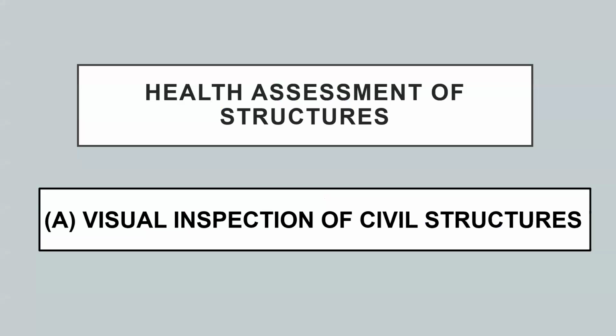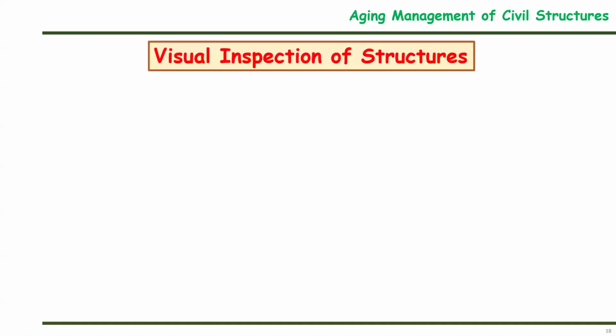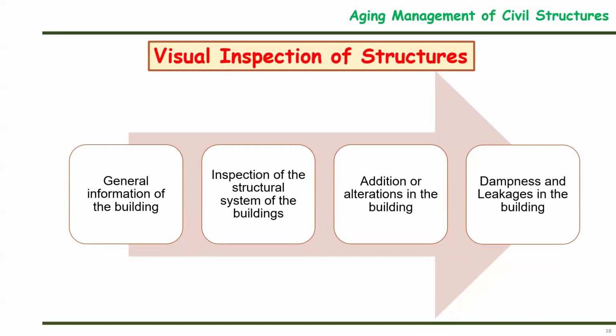Now I will discuss this aging management program in slightly more detail. Okay. So the first step would be the health assessment of structure, which starts with the visual inspection. In visual inspection, as a first step, we try to collect the general information pertaining to the building.